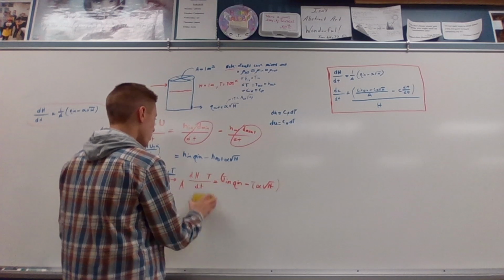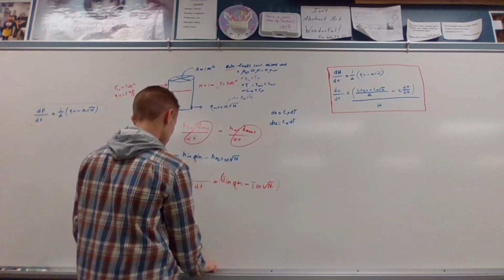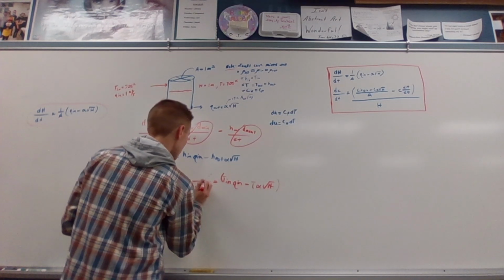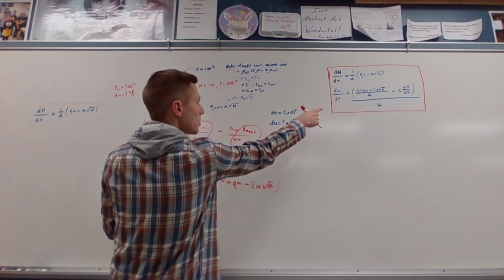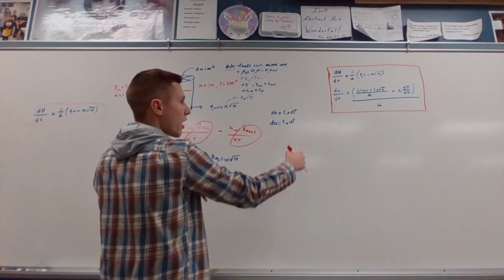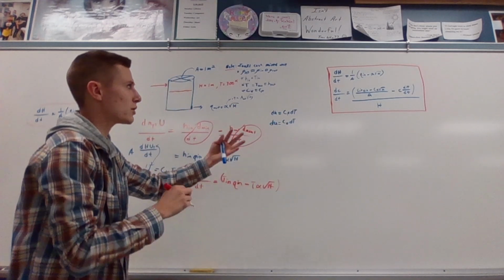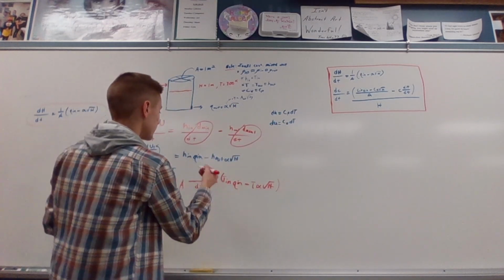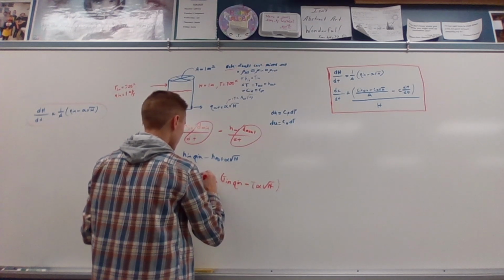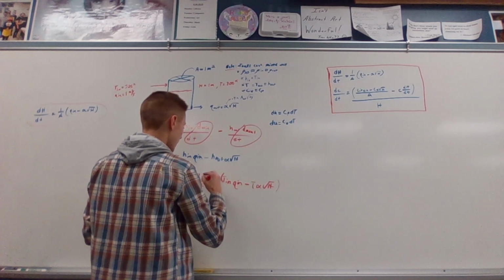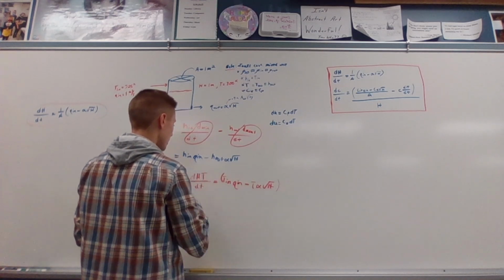So now we are left with an equation that, after simplifying, is very similar to our equation from the previous video when we were doing it in terms of concentration of a solute. So we have it in terms of a small change in our height times temperature.